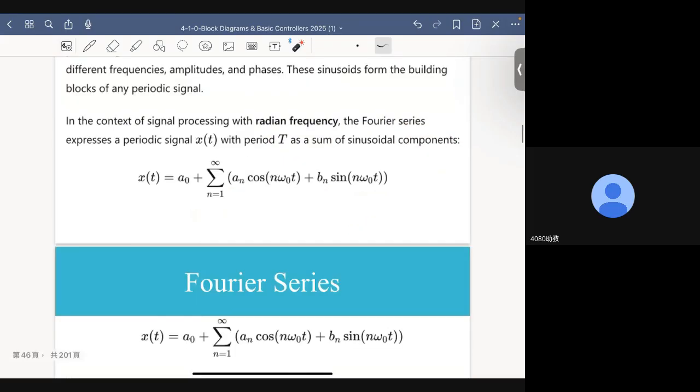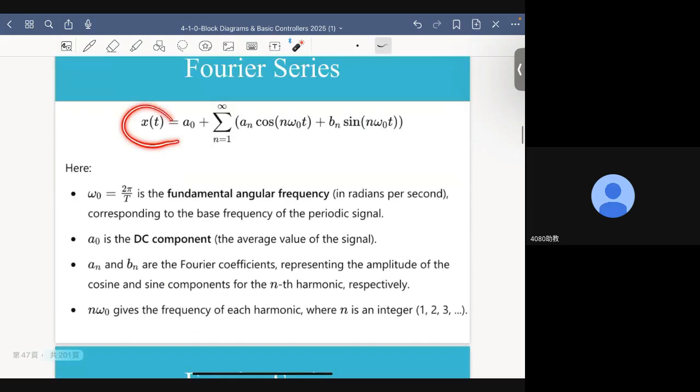Okay, now A0 is the DC component, and the DC component for a signal is simply the average value of the signal. And An and Bn are what we call mathematically Fourier coefficients. They represent the amplitude of the cosine and sine components of the nth harmonic. Okay, the term you need to pay special attention to here is harmonics.